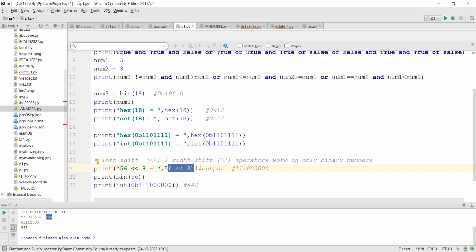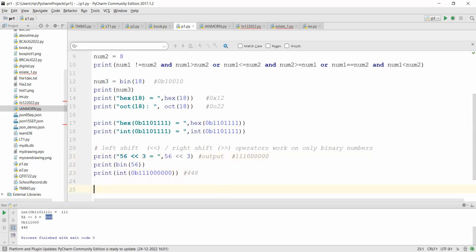So first 56 into 2, you get 112, then again into 2, you get 224, again into 2, you get 448. Yes, no? Now you tell me, if I perform 56 right shift 3, what will I get?